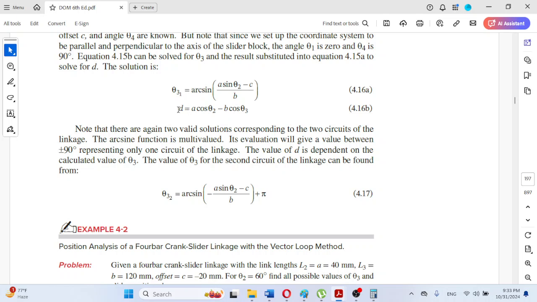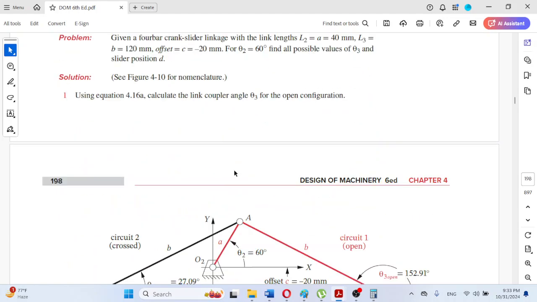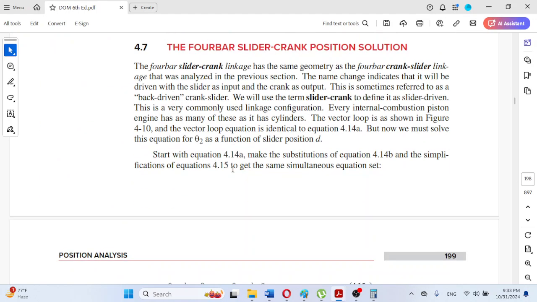So we will input those values of theta 2 1, meaning for the open circuit or upper loop, and the corresponding values of theta 3 on the right hand side or the left hand side, and those values which give the correct slider locations, meaning D towards the positive orientation of the x-axis or towards the right, will be accepted. So this is the approach of the author.